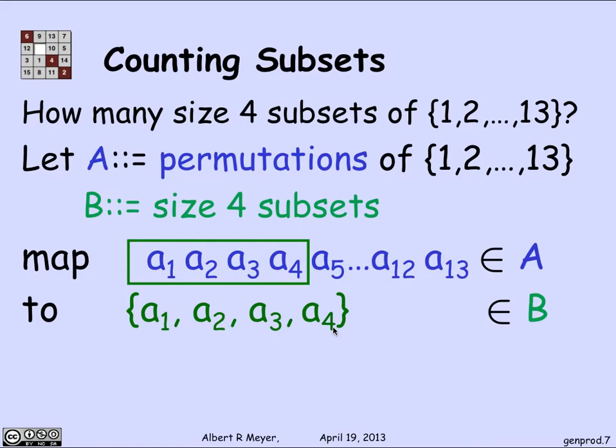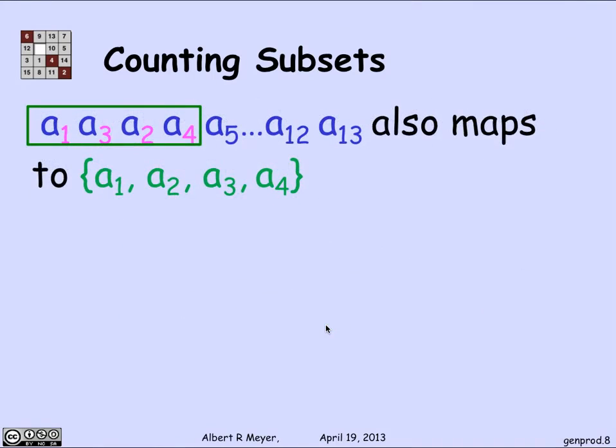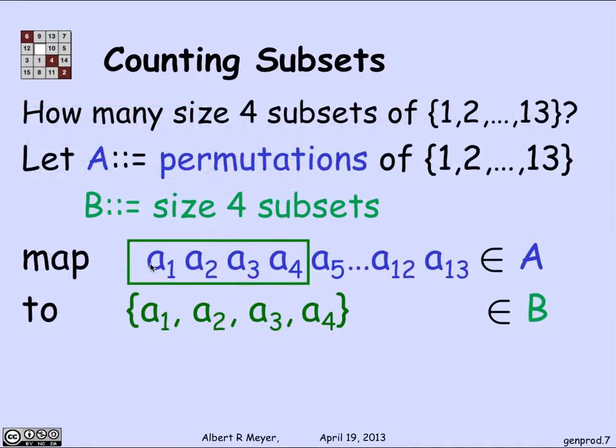This gives me a very well-defined total function from a permutation of 13 numbers to the set of its first 4 elements. And now what we want to know is, what kind of a mapping is this? I'm going to argue that it's k to 1 for a k that's not very hard to count. So when I look at what other things map to the set A1, A2, A3, A4, we mapped a permutation to its first 4 elements.